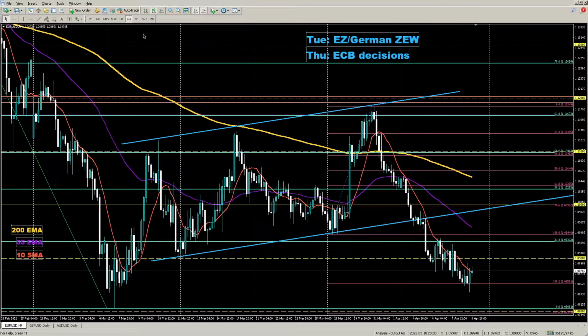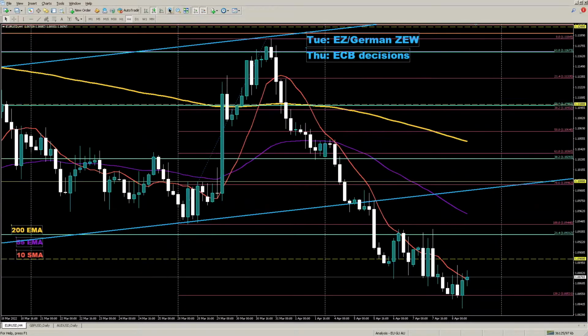Yeah, it was consolidating quite a bit for most of the week at the beginning of the week, after initially dropping down to the 110, then consolidated around the 110 until Friday, where it dipped down a bit lower.